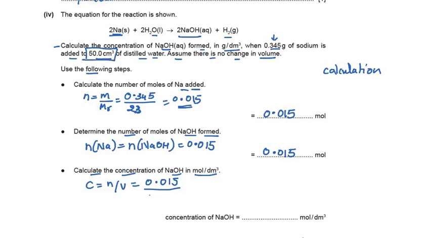So let me write 50 centimeter cube down here, but according to the formula volume always has to be in dm cube, so I'm dividing it by 1000. So if I'm dividing 50 by 1000, the 1000 will go in the numerator, and that's why my answer will change to 0.3 moles per dm cube.